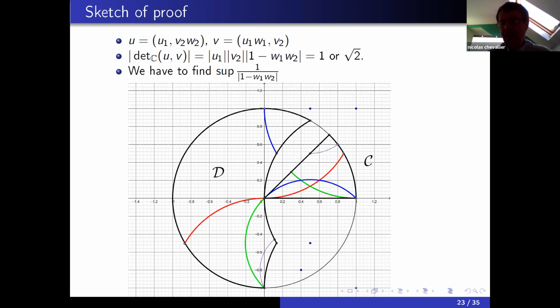And so this explains that for almost every lattice, the constant is as we said before.